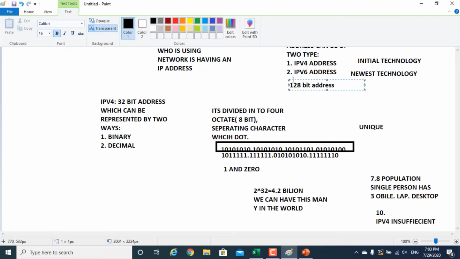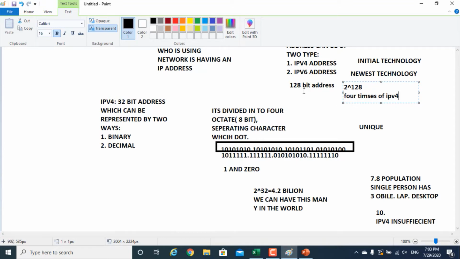So, for example, right now we have 2 raised to power 32, around 4.2 billion, and if we count 2 raised to power 128, now you compare it. I think it's around 4 times IP version 4, but if it was wrong, I'm really sorry about that. I didn't count it in a calculator.